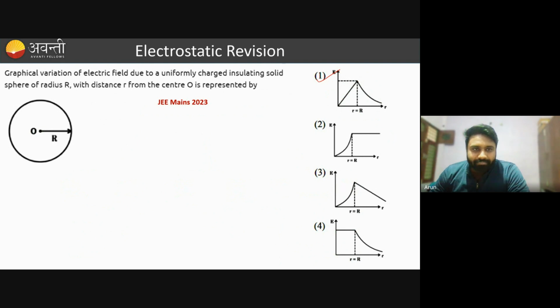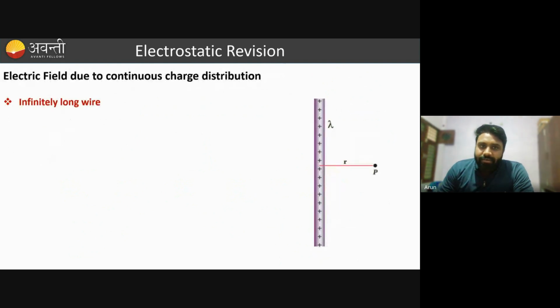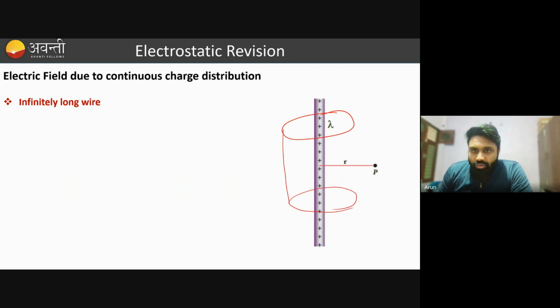Okay. Now, electric field due to continuous charge distribution. Infinitely long wire. So we know that for an infinitely long wire, we will consider a Gaussian surface. Now, what should the electric field be? How is it represented by electric field lines?